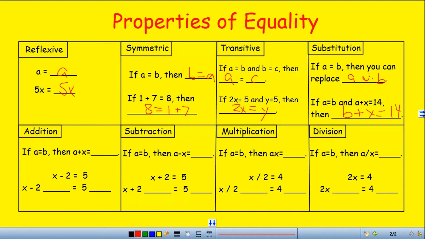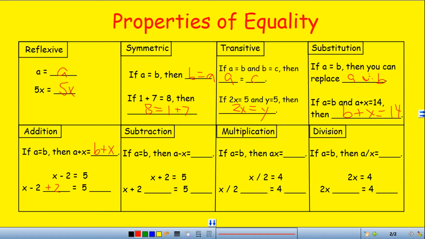The next property is addition. If A equals B, then A plus X will be the same thing as B plus X by the property of addition. When I'm solving an equation and I have X minus 2 equals 5, then in order to cancel out that negative 2, I will add 2 here.